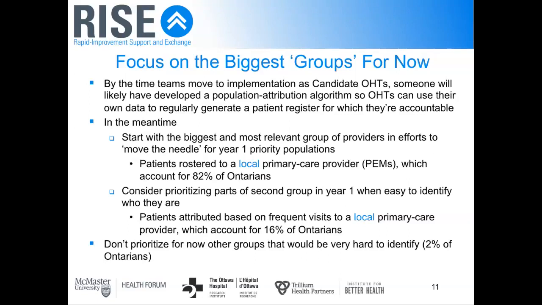So between the 82% from PEMs and the others who we know are already going in to see local primary care providers, you get at a very, very high percentage of Ontarians. What would be much more difficult would be to identify that extra 2%. So in year one, as with all of this work, teams are trying to find ways to move as fast as they can. So starting with the PEMs and secondly with the patients already seeking care from local primary care providers that are not part of PEMs seems like a logical place to start.